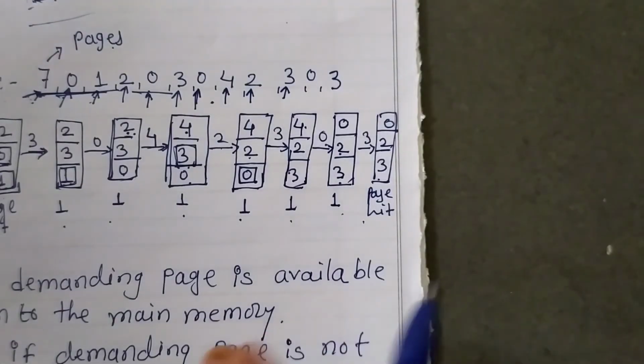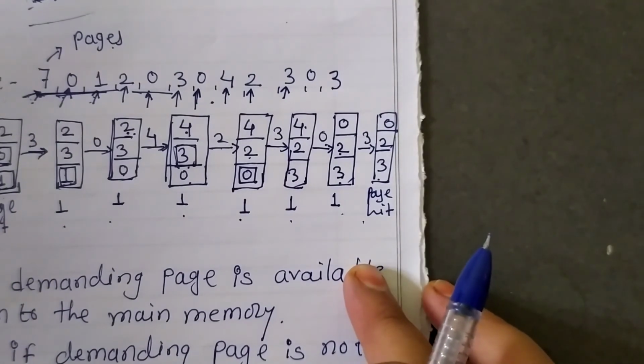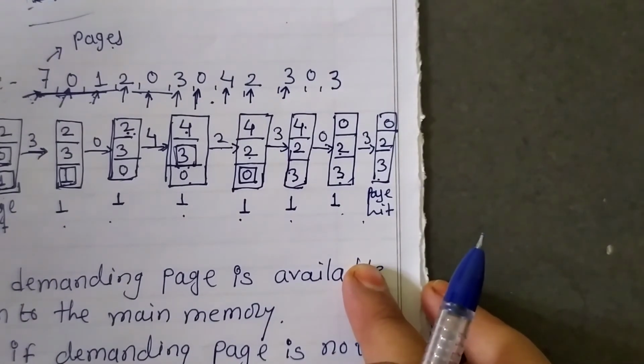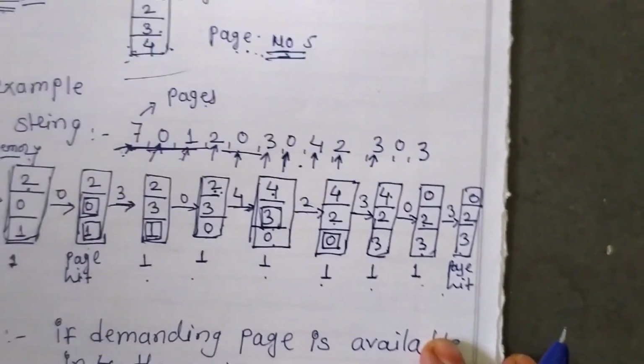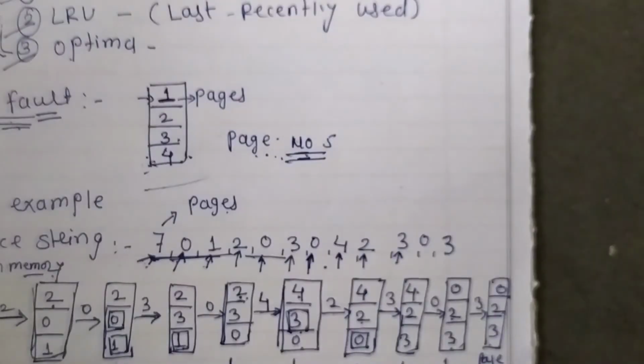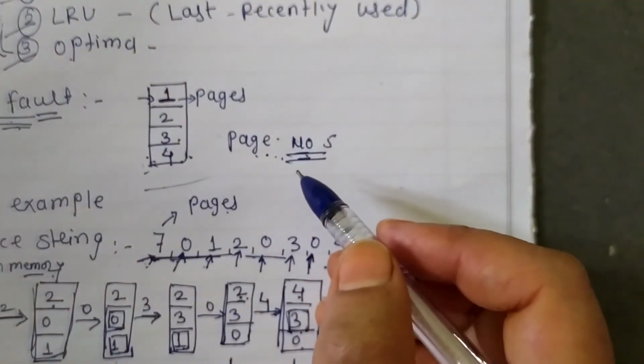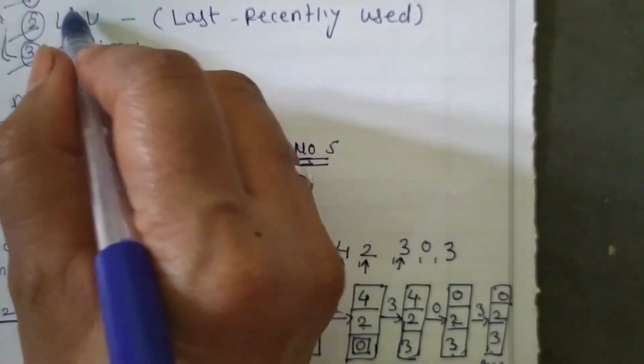So like this you can calculate the page fault ratio and the page hit ratio. In this video we have studied the FIFO page replacement algorithm.